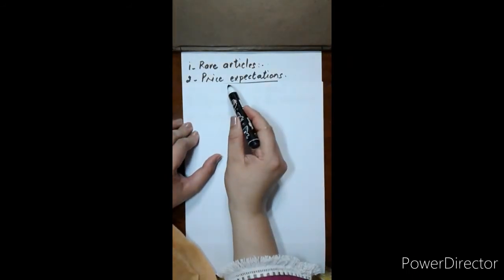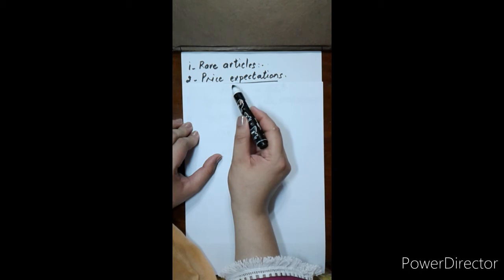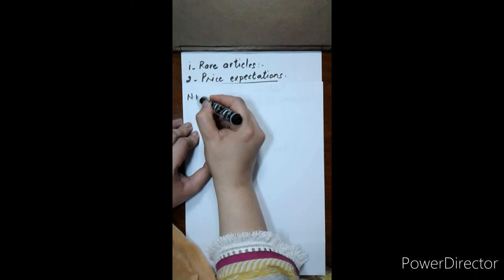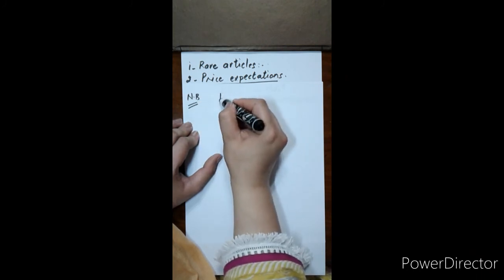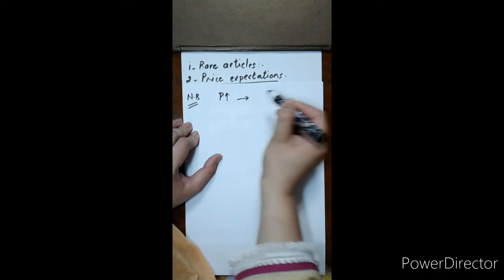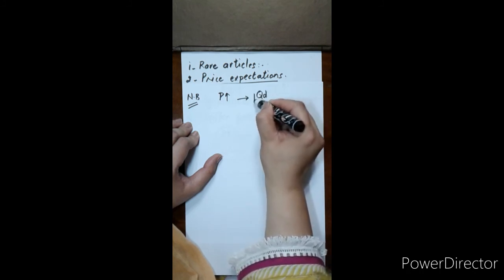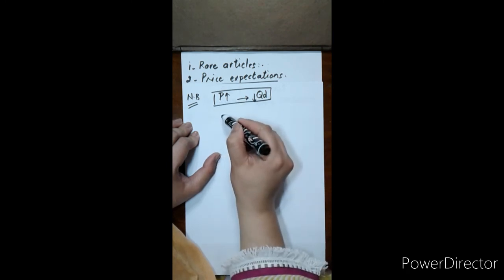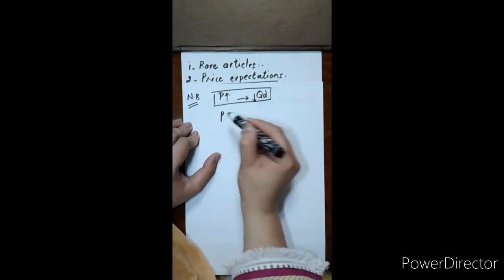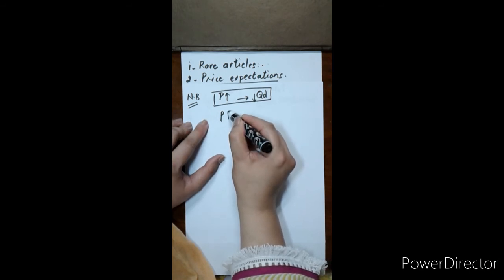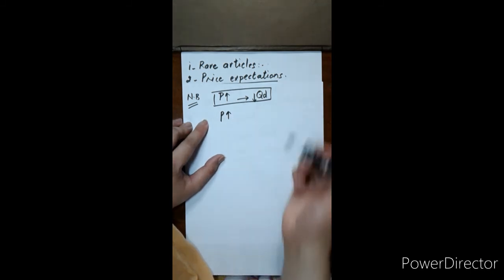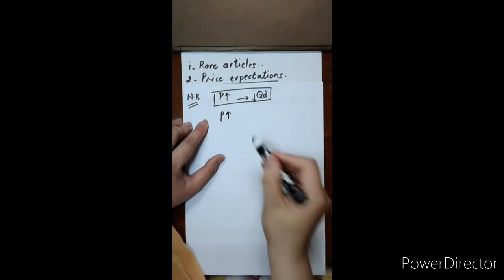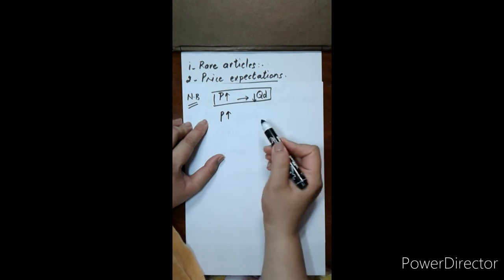Now, before explaining what happens when you are expecting the prices to change in the future, we need to know what's the normal behavior. As I discussed, normal behavior is that when price rises, we tend to buy a lesser quantity. Okay, so this is our normal behavior. But just imagine that if I expect the price of anything to even further rise in the future, like if something is worth rupees 100 today and it's going to become 200 in the future, this is what I'm expecting.